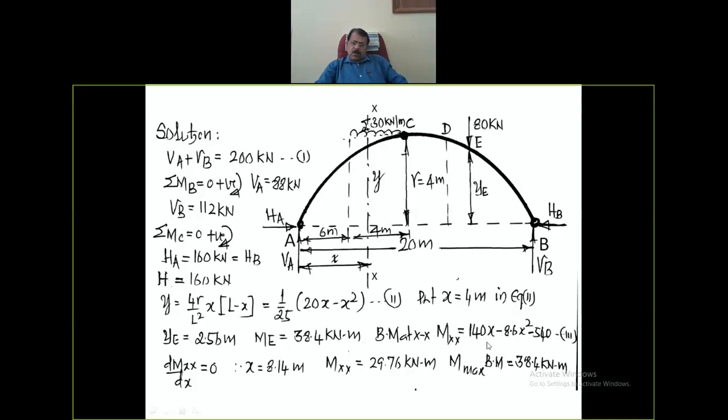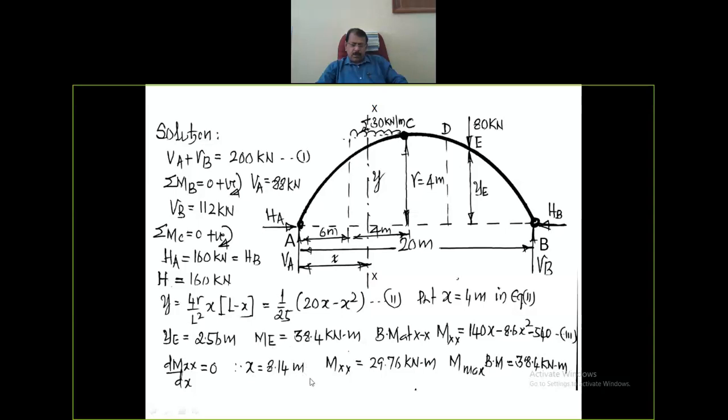Now to make the bending moment maximum, the necessary condition is that differential coefficient of the moment, dMXX by dx, is equal to 0. That means differentiate the equation of bending moment 3 with respect to x and equate it to 0. Solve for x. X value works out to be 8.14 meter.